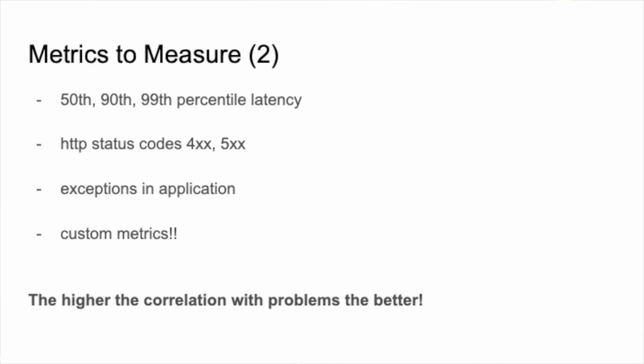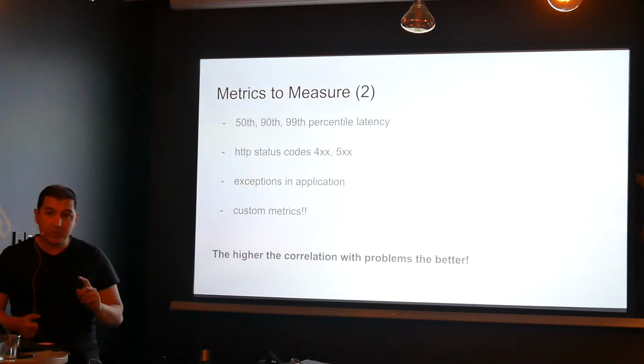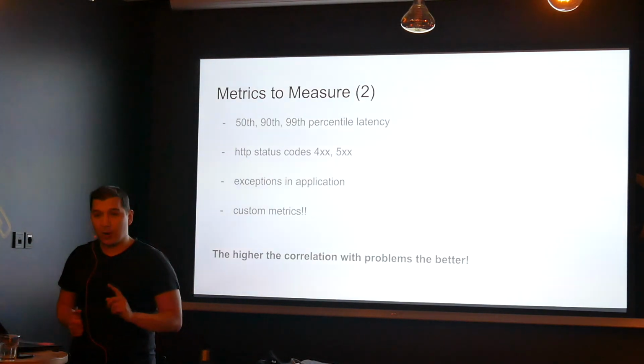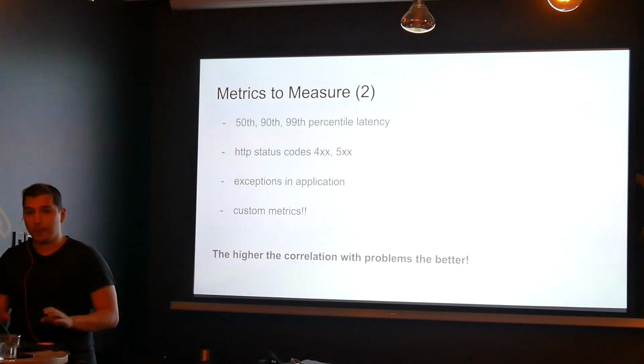To get into more explicit measures, with request latency you can go into the 50th percentile, 90th, 99th. HTTP codes like 400, 500, exceptions in the applications, I already said. And most importantly, what I think is really powerful is custom metrics.